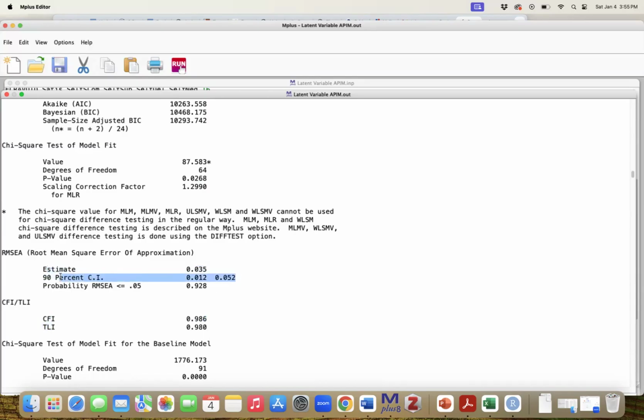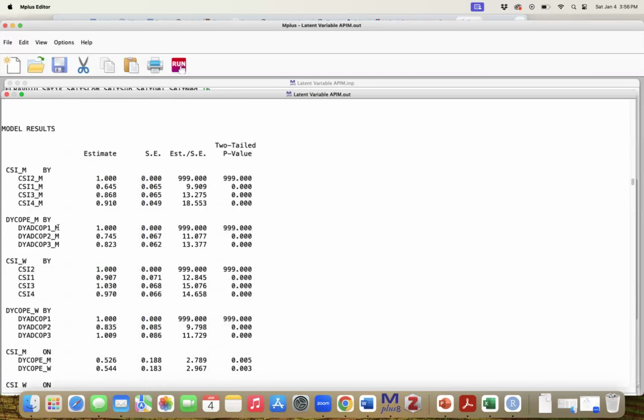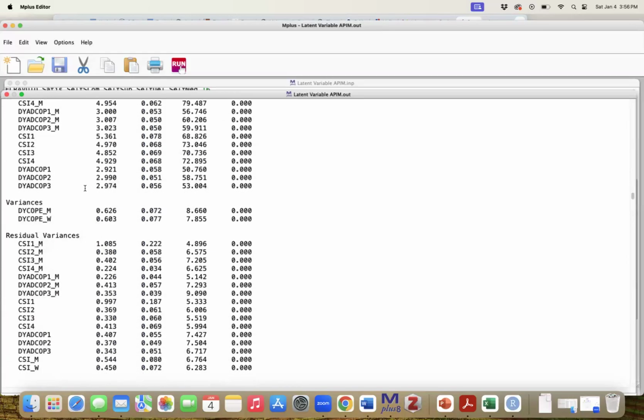The 90% CI is below one of the well respected and commonly used cutoffs of 0.06. So this is telling me that we are increasing construct validity and we're really getting at that communication piece of dyadic coping. So we'll take a look at the loadings just to be sure that everything's operating as it should be.